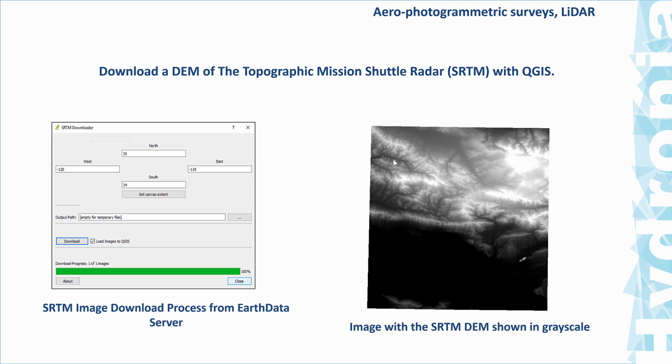What you get is essentially a raster that you can see here in grayscale. So this raster, as we discussed in last session, is defined by pixels, and each pixel has an elevation. So when you download this information from here, you already have that information stored in the pixels.